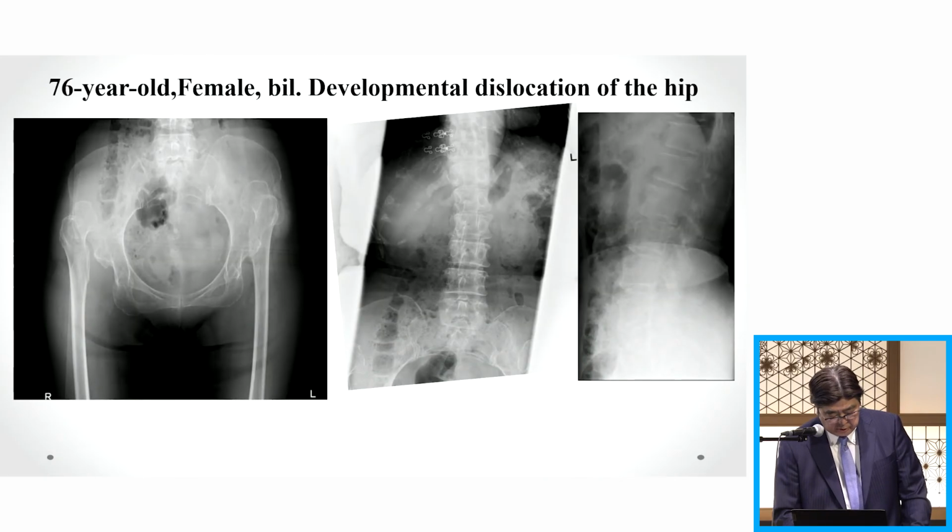Here is another interesting case. This 76-year-old female had bilateral developmental dislocation of the hip and never loaded the hip joint in her lifetime. She supports her weight with gluteal muscles instead.